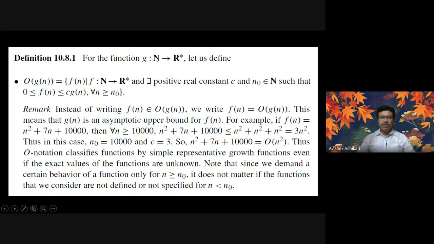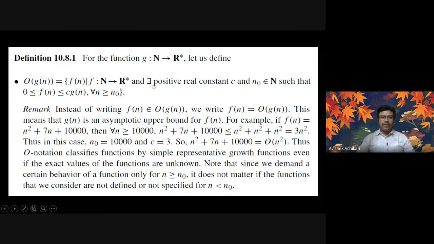What do you mean by the order of g? This order of g is basically a set. It consists of all such functions f from N to R star for which there exists a real constant C and n0 in N such that f(n) is bounded by C times g(n) for all n greater than or equal to n0.